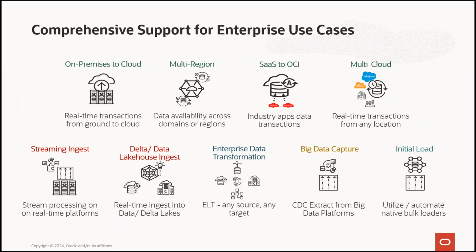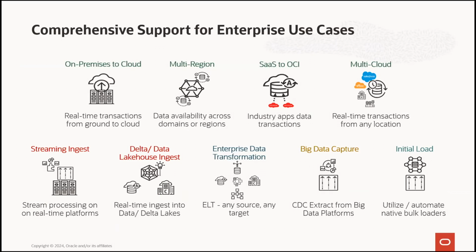So what are some of the use cases that you can use with OCI Golden Gate? And again, feel free to ask any questions in the Q&A or in the chat. We see OCI Golden Gate being used widely for on-prem to cloud data migrations, and there, customers are leveraging its zero downtime or low downtime capabilities to move data into cloud targets, things like obviously Exadata Cloud Service, but also Autonomous Data Warehouse, and obviously, as we see today, things like Snowflake and others.